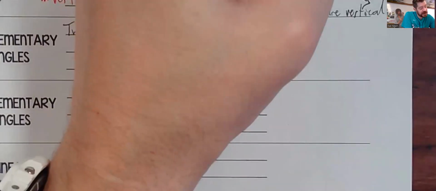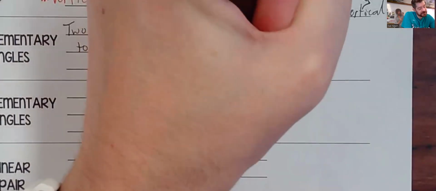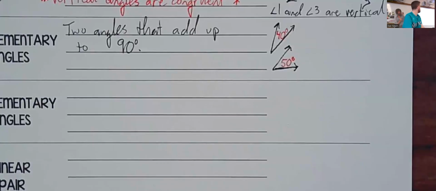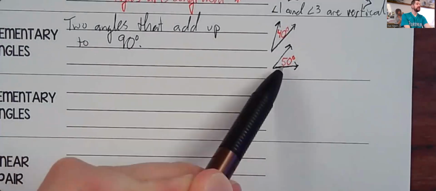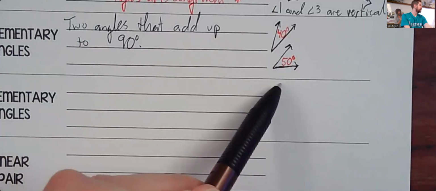Let's say that this one up top is 40 degrees and this one down here is 50 degrees. What does 40 plus 50 equal? 90, exactly. So those 2 angles would be considered to be complementary because they add up to 90.